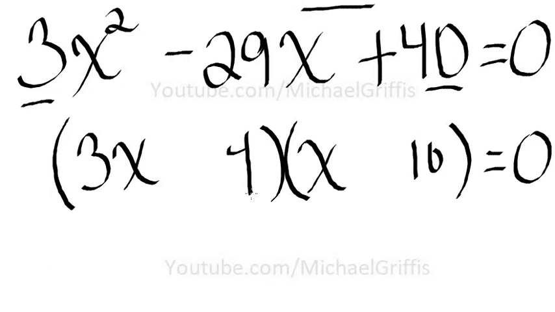So we'd have 3x times 10 is 30, and then plus 4x, that's 34, so that's not it. Let's get rid of that. You could put the 10 over here, the 4 over here, and we got 12 and 10. Nope, that's not it either.